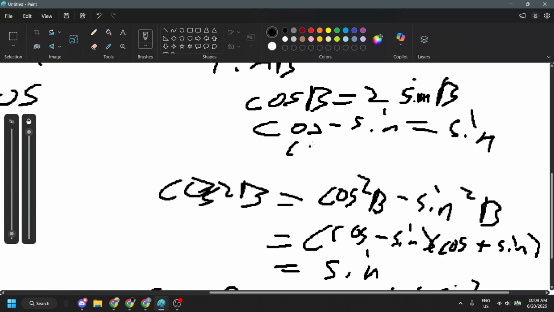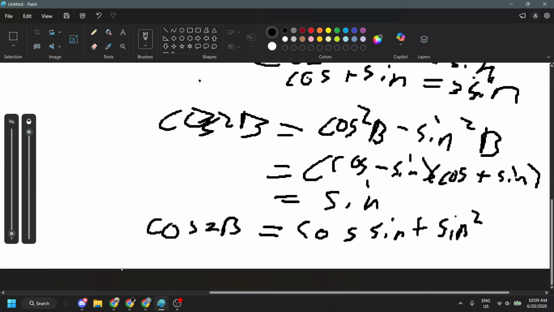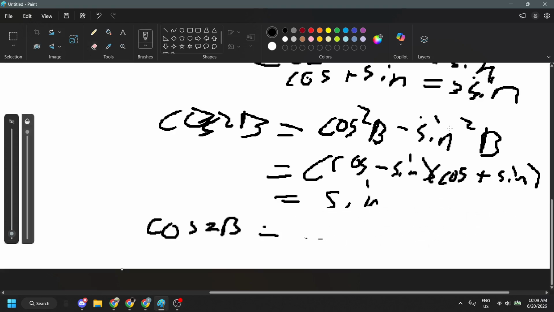And then cosine plus sine, adding 2 sines, is equal to 3 sine. So we just get 3 sine squared of B.